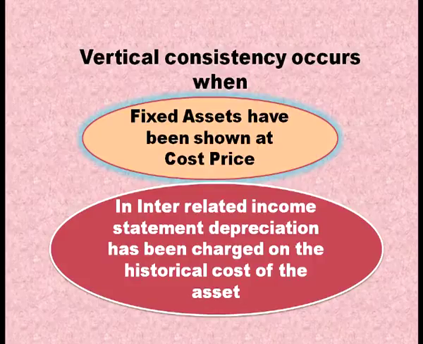Here, vertical consistency occurs when fixed assets have been shown at cost price, or when in the interrelated income statement depreciation has been charged on the historical cost of the asset.